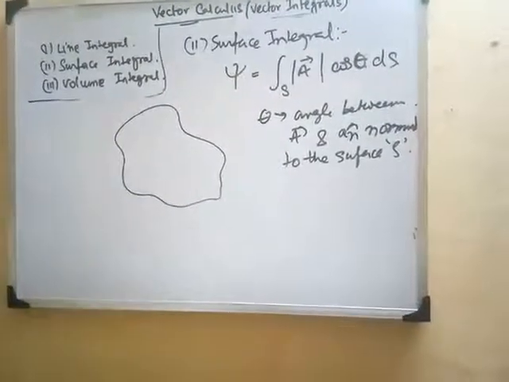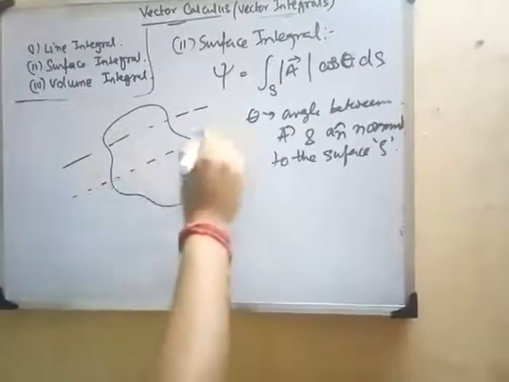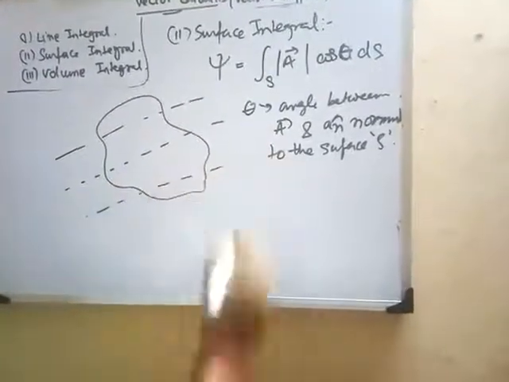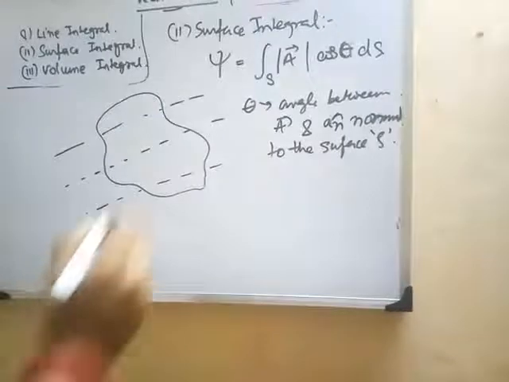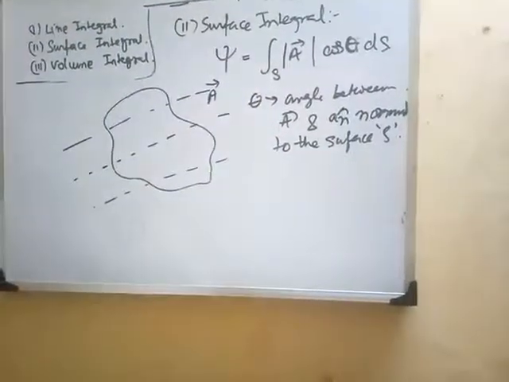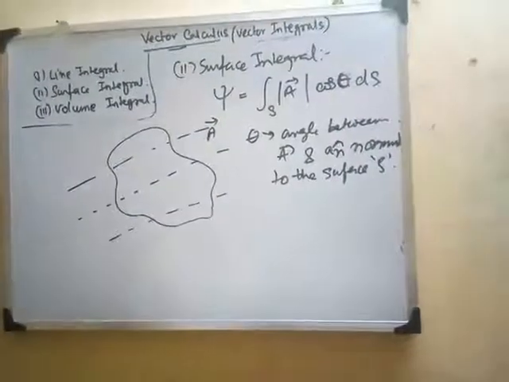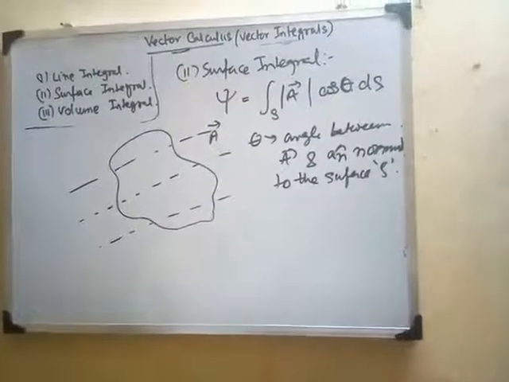So if this is your shape and your lines of force are incident on this surface like this, these are vectors. Any vector you can represent like this. These are electric field vectors, you can represent them by E vector. If it is a magnetic vector, it is represented by H vector.